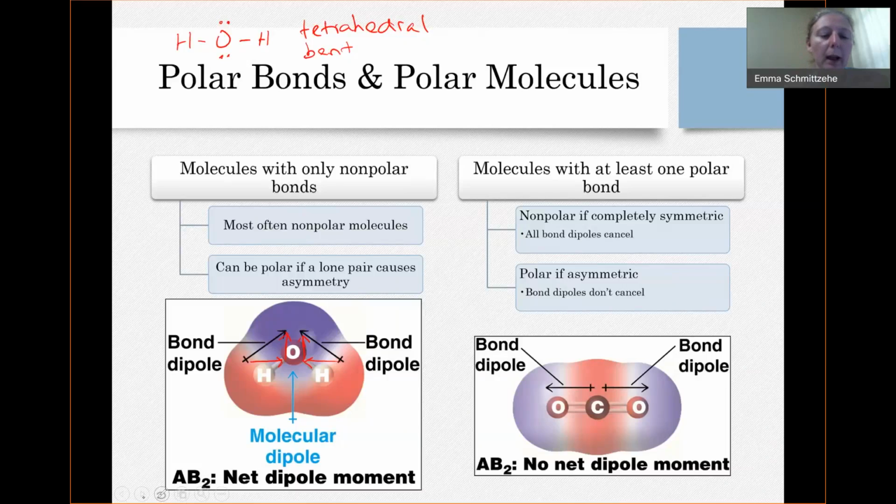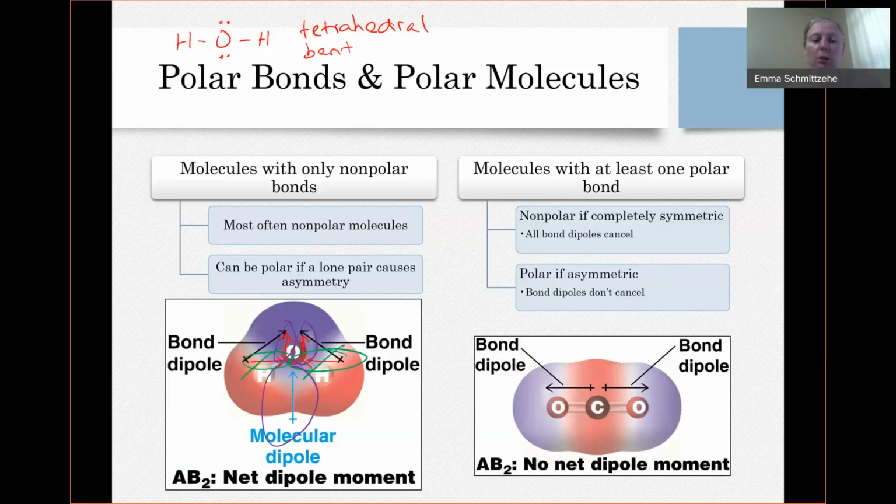And basically what happens is this one pointed in and this one pointed in, those essentially cancel each other out. But then you have the ones pointing up, and those two pointing up actually add. And so that's where this molecular dipole comes from, that's pointed towards the oxygen.